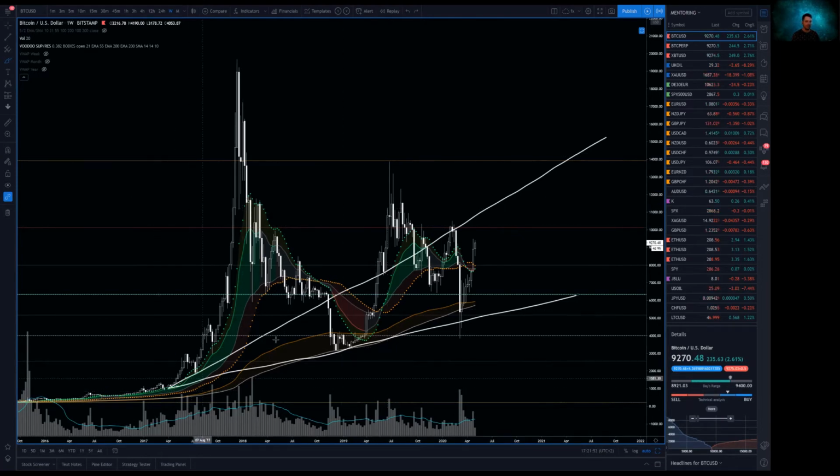So I tried my best to show you how the linear and logarithmic scales differ when you're trading and charting with diagonal trend lines, which I hate with passion, because they are not reliable in my opinion at all.